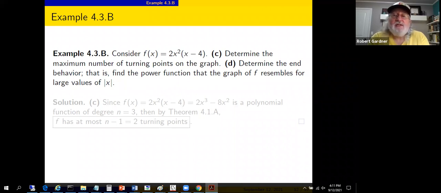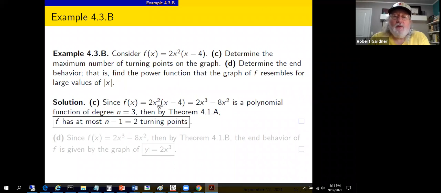Okay, maximum number of turning points. Well, if we multiply this out, you can see it's a third degree polynomial, n equals 3. How many turning points can an n degree polynomial have? At most n minus 1. So this has at most 2 turning points. That doesn't mean it's got 2 turning points.